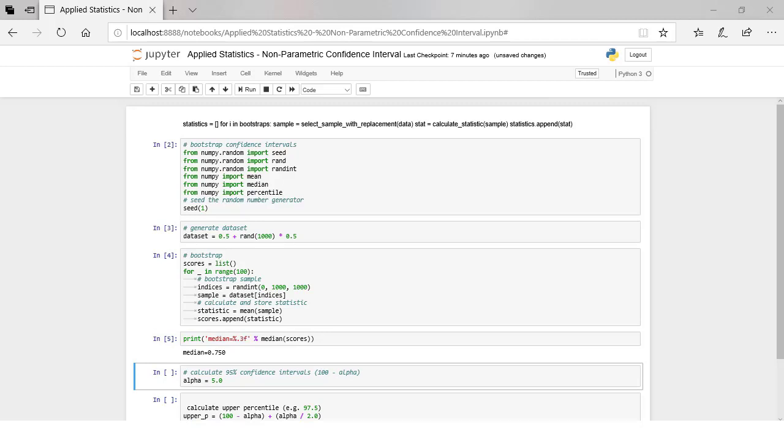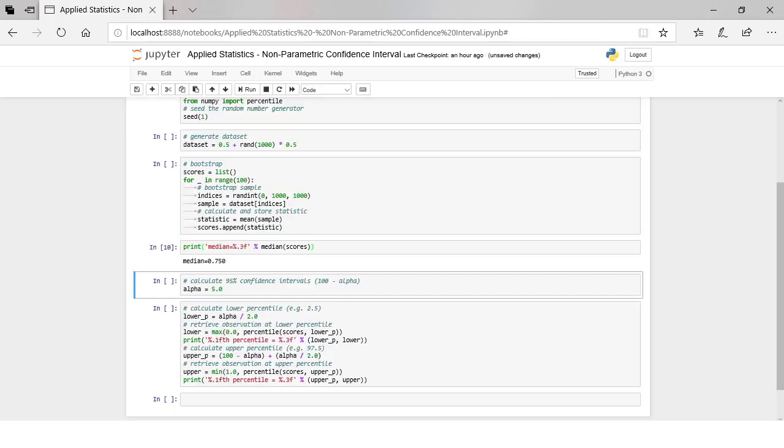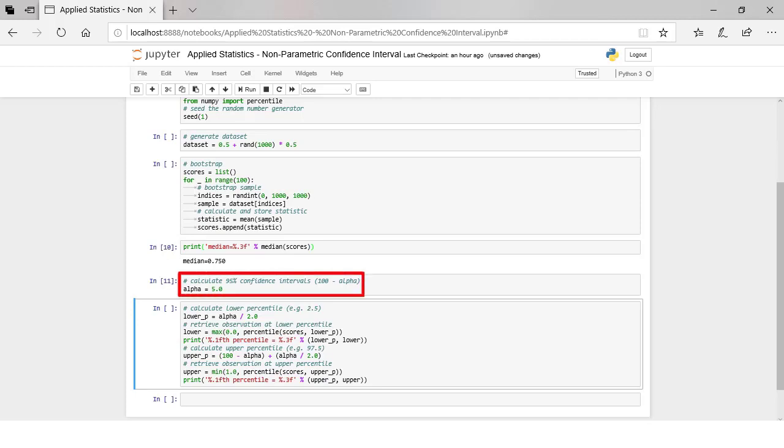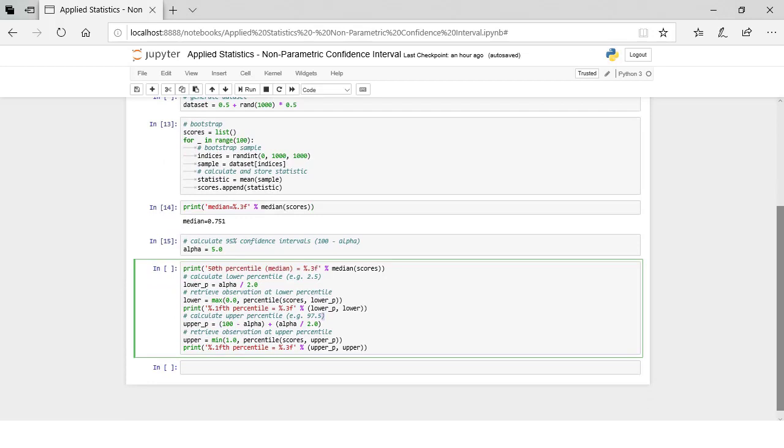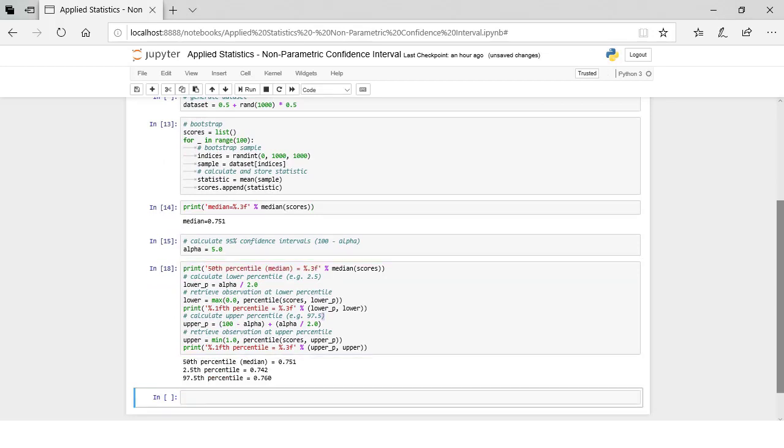Once you have the sample of that bootstrap statistic, you can then calculate central tendency. In our example, you're going to use the median, or 50th percentile, as we do not assume any distribution. You can then calculate the confidence interval as the middle 95% of observed statistical values centered around the median. First, the desired lower percentile is calculated based on the chosen confidence interval. Then, the observation at this percentile is retrieved from the sample of bootstrap statistics.